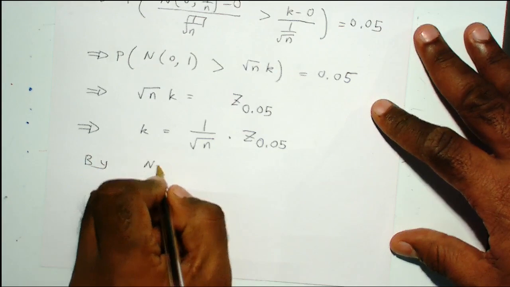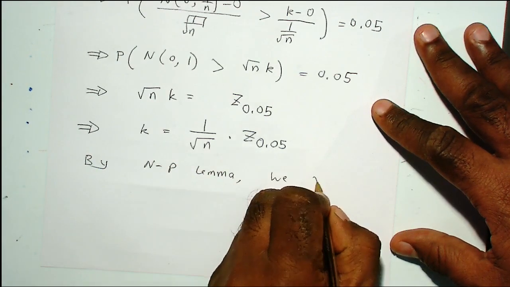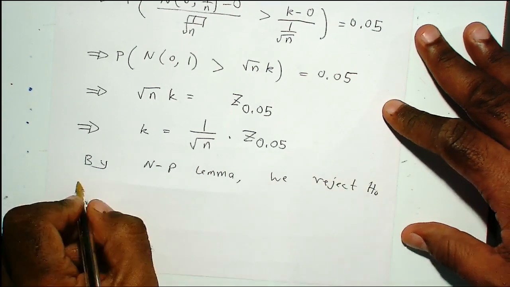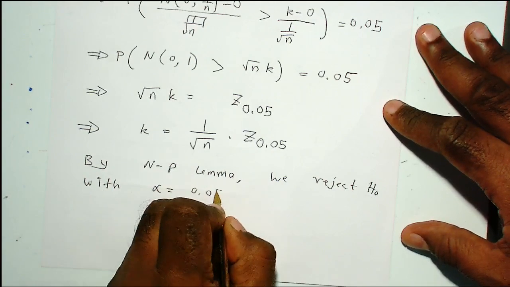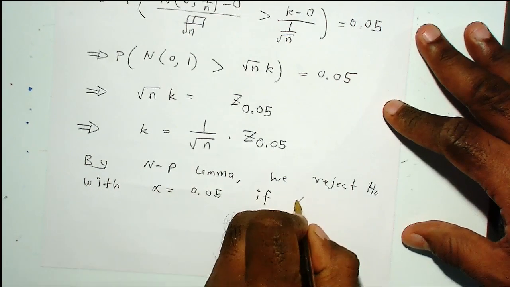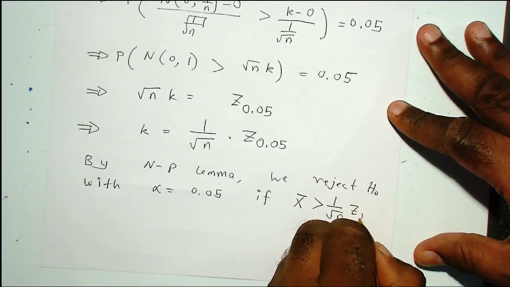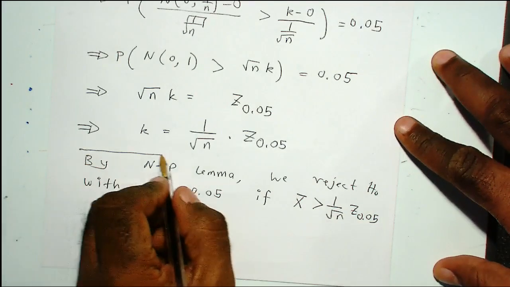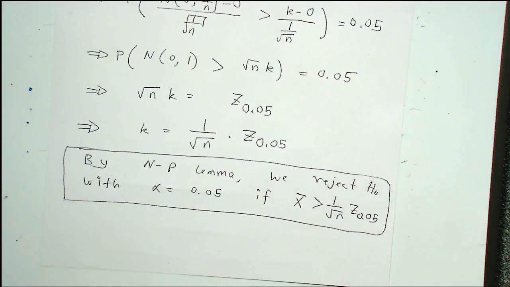By NP lemma, we reject H0 with alpha equal to 0.05 if x bar is greater than this. All right, so this is the conclusion.